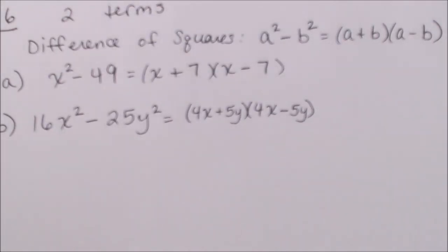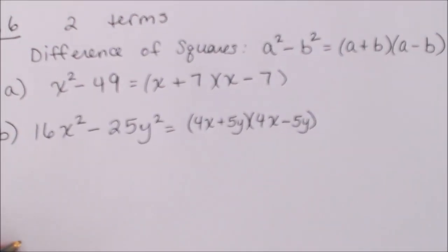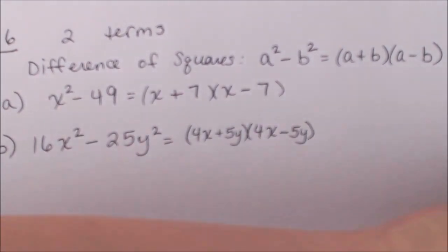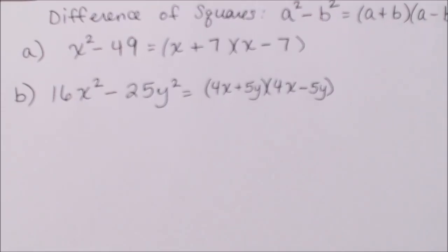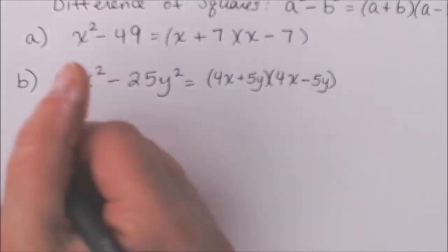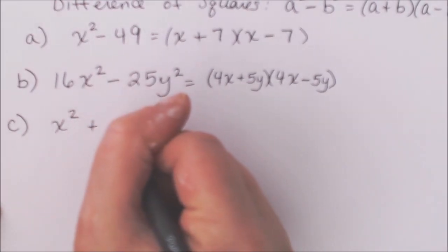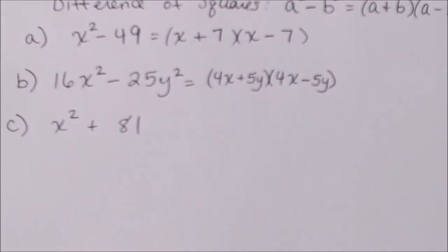There's one more type of factoring you may come across. Okay, so let's do another one here. We've got x squared plus 81. So we've got a perfect square, x squared, and 81, of course, is a perfect square.